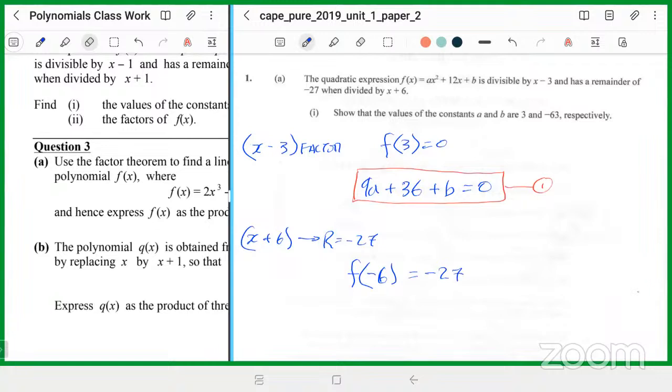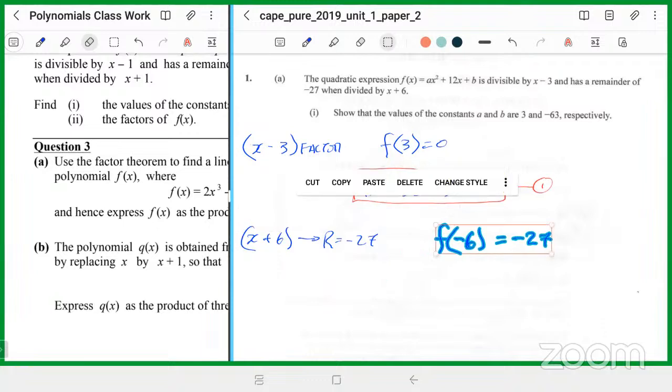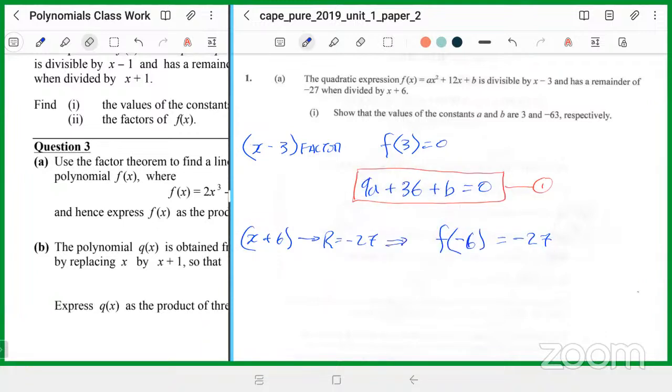That's going to give us our second equation. So we'll put the negative 6 right here. We're going to get a positive 36, so 36a.